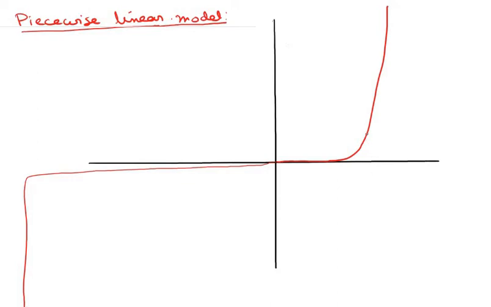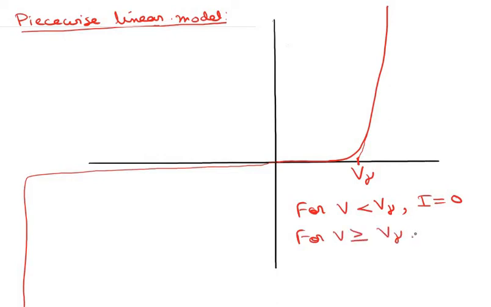This model states that for V less than or equal to V gamma, I equals 0, and for V greater than or equal to V gamma, dI/dV tends to infinity.